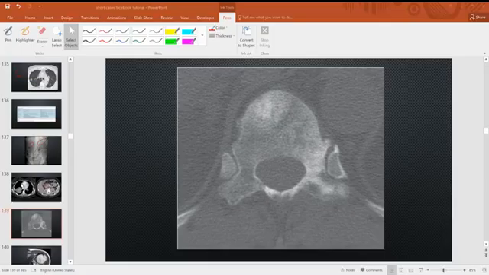Take a look and see what your finding is on this CT scan, on this vertebra.